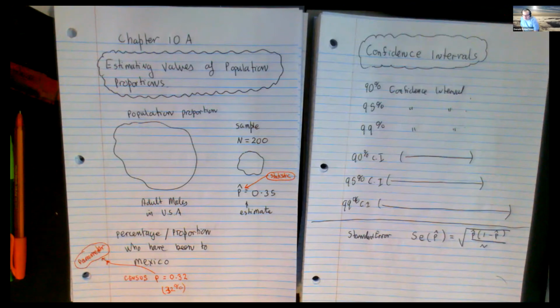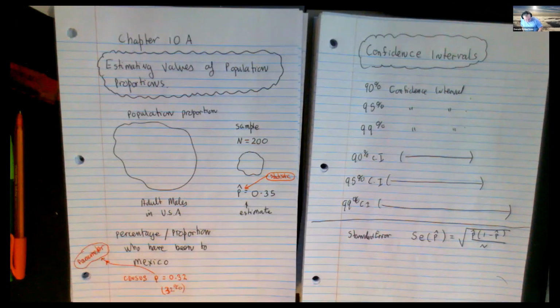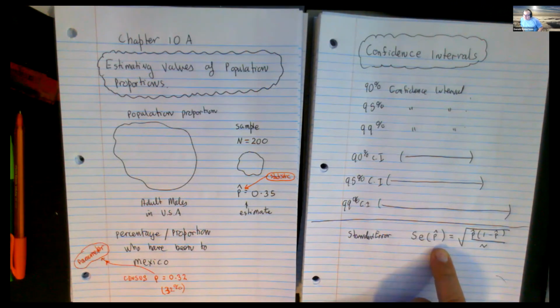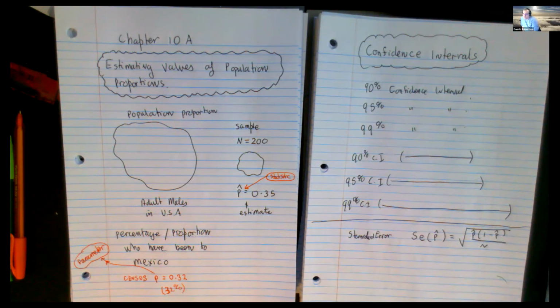So if you're ever being asked, tell me what the standard error for this sample is, right? So if they give you a story and they ask 200 people and the answer came out as 0.35, the standard error is this guy here. From the previous last week stuff, the standard error is essentially the standard deviation of the sampling distribution, if you want to know its full title. But it's really just a number that's going to help us create one of these confidence intervals.